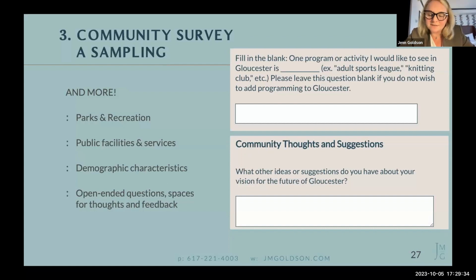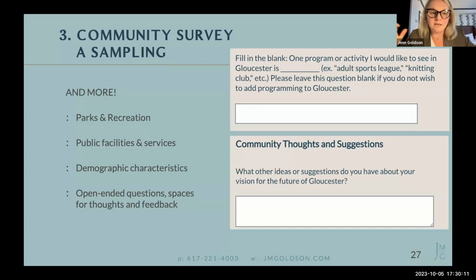The reason we do that is not to be nosy or pry. And yes, this is an anonymous survey. We do it because we want to make sure we're reaching representative samples of the whole community. So if we find that renters or older folks or younger folks or people who own businesses or people who have lower incomes are underrepresented, then we're going to be working with the project team to do even more targeted outreach through the survey perhaps, but also through the other tools like the meeting in a box.